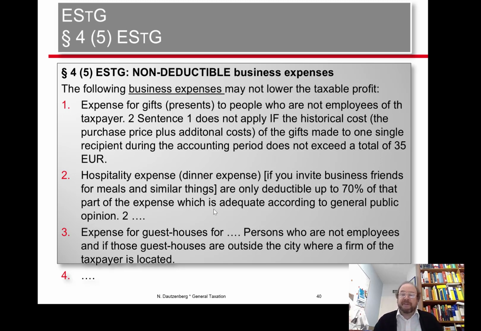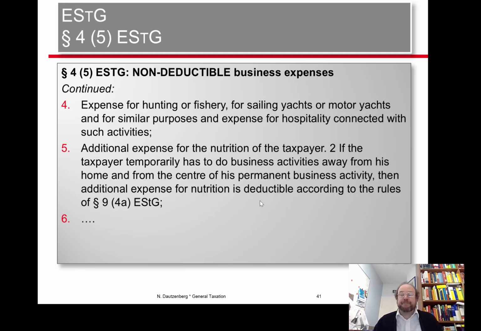That would probably be non-deductible because that's a kind of financing holidays for you and your employees and your business friends on the cost of the taxpayer partly. Hunting and fishery, same idea. Let's start a kind of special event, have some holiday together.